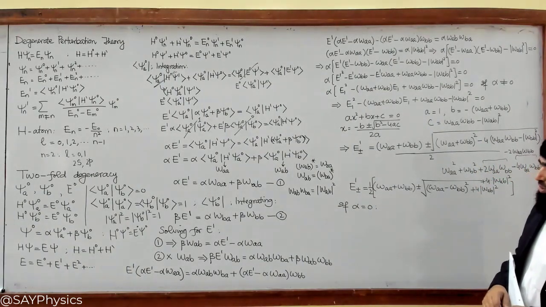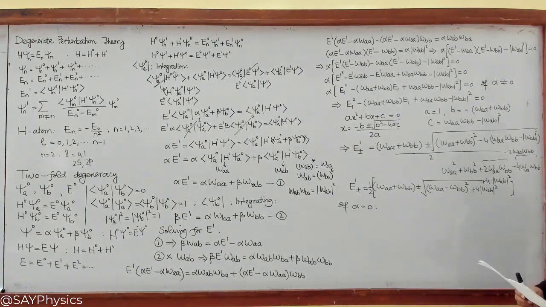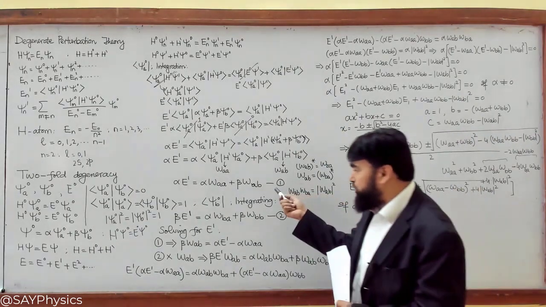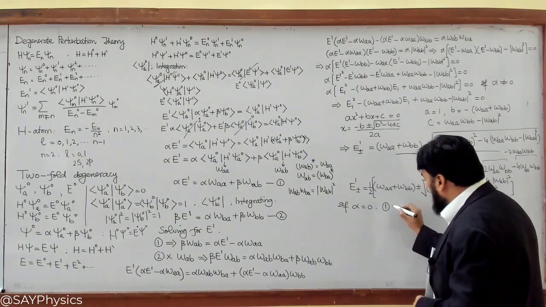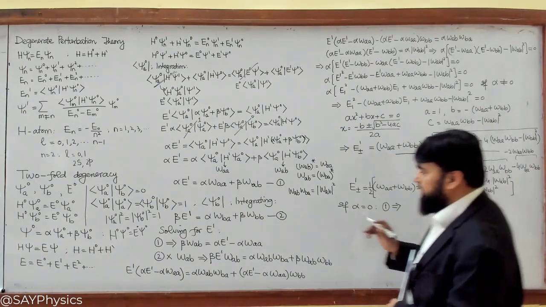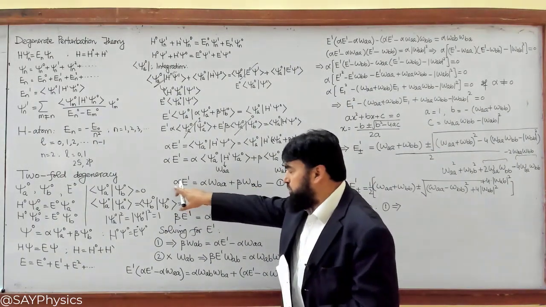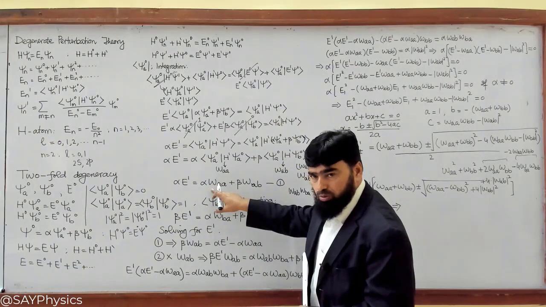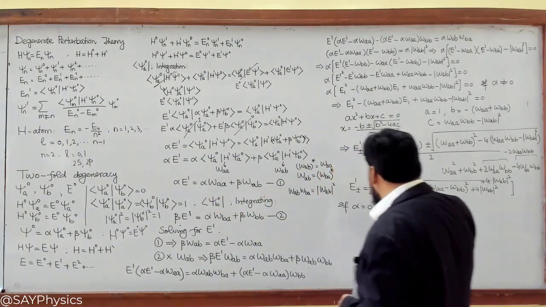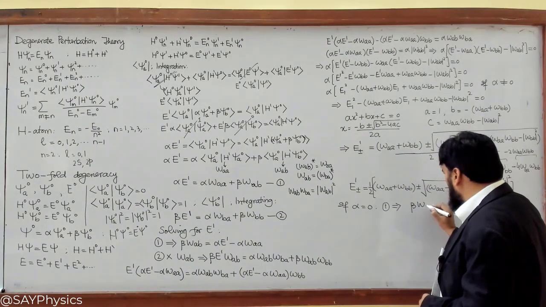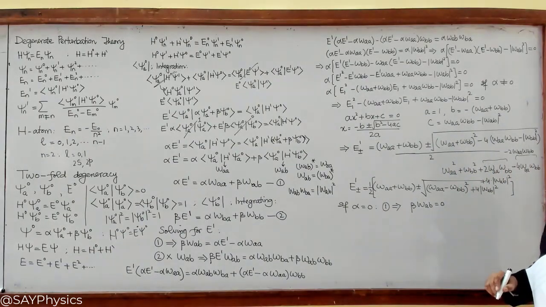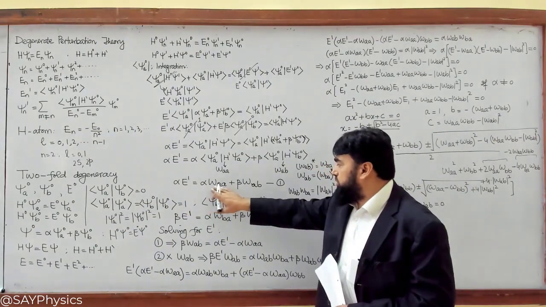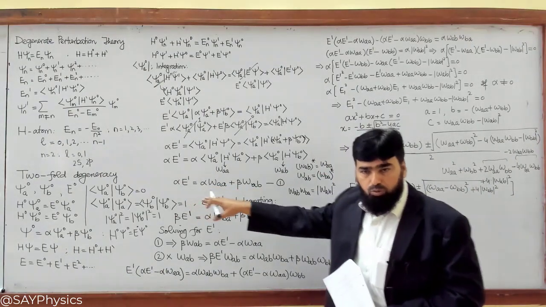If alpha is 0, then you will have to come back to your equations, and the equations are here, 1 and 2. If alpha is 0, equation 1 implies, look here, alpha is 0, so this becomes 0, and beta WAB is equal to 0.